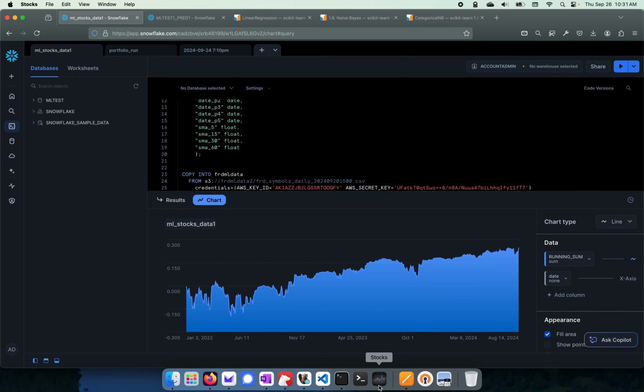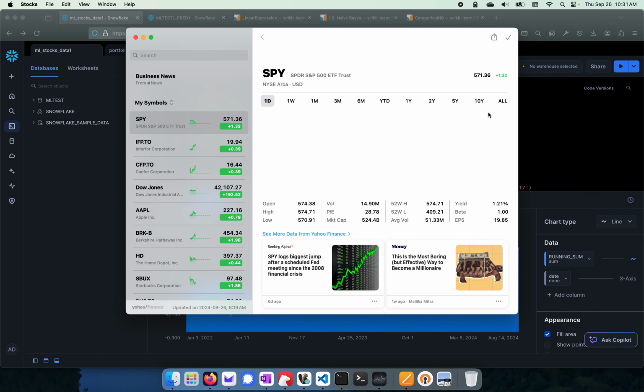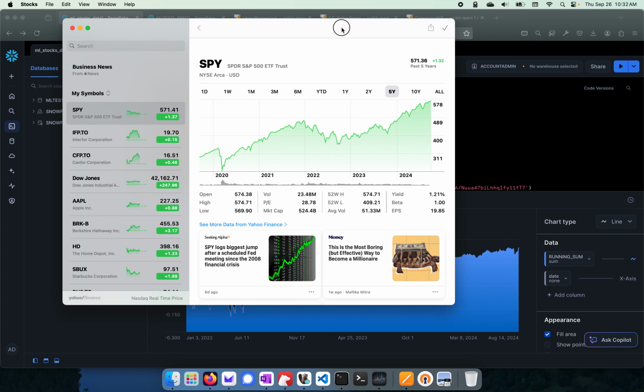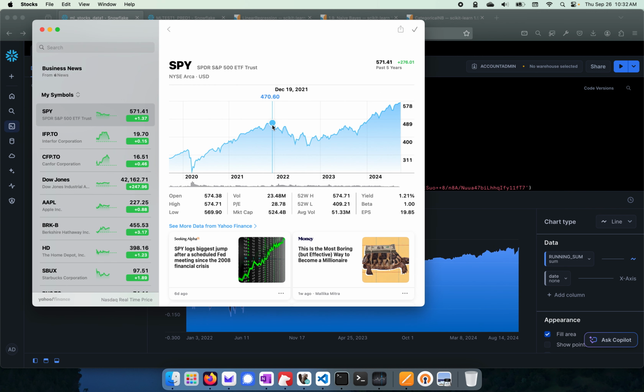And if we compare that to the S&P 500 or the SPY index, we can see that in 2022 the S&P did not break even up until around December 2023, and then it went up about 20%.